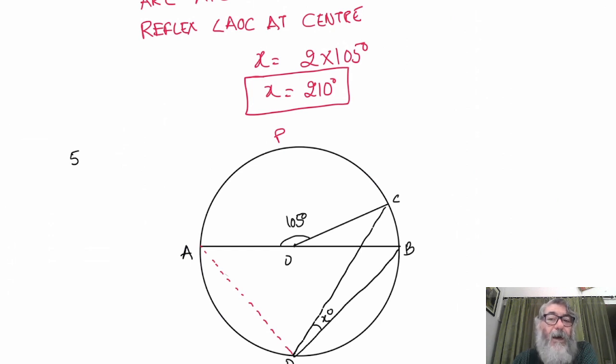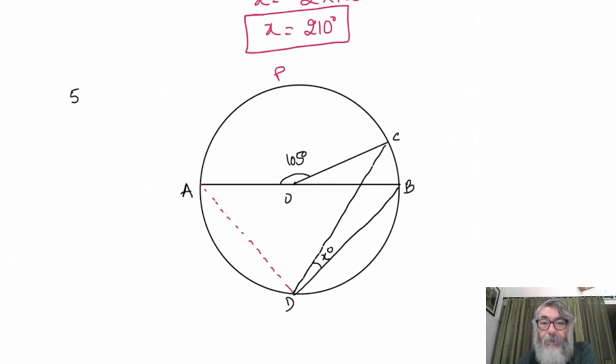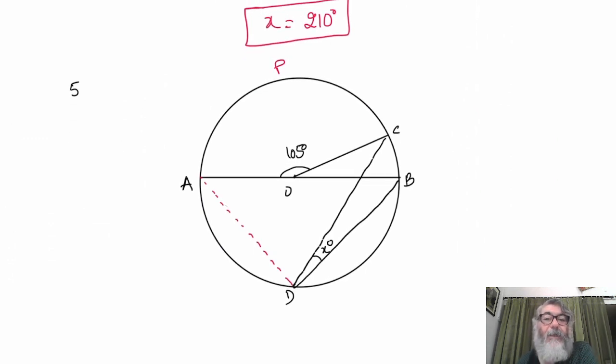And the same arc APC makes angle ADC at the remaining part of the circumference. So how much will be angle ADC?